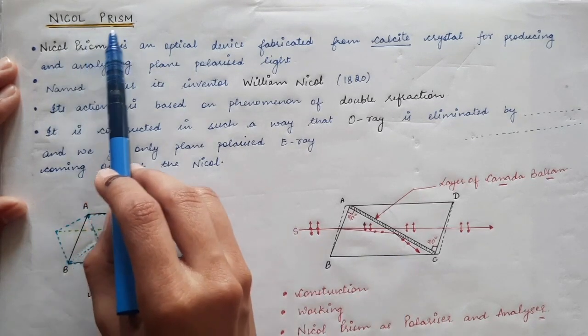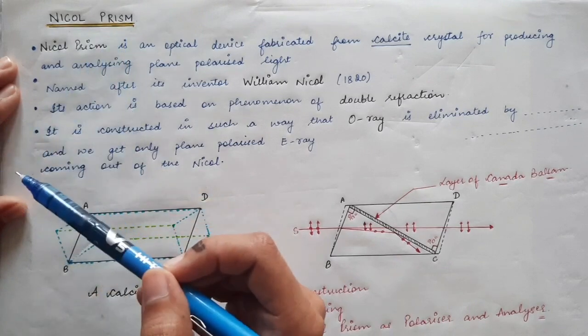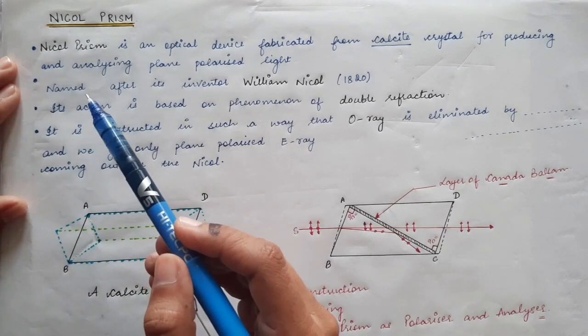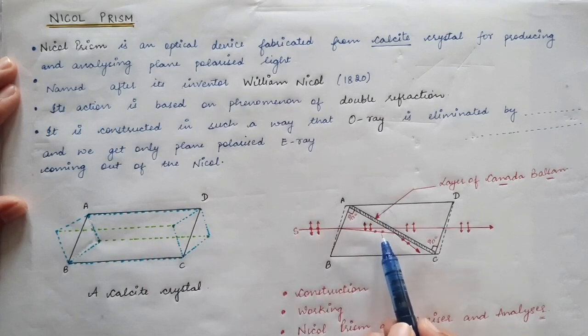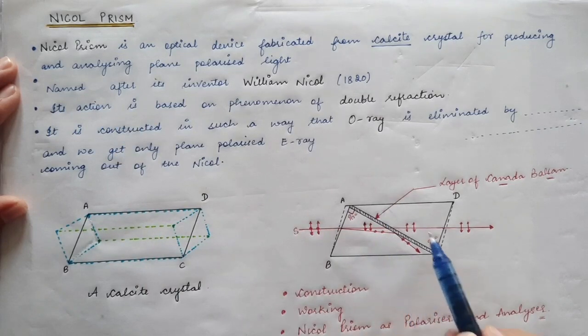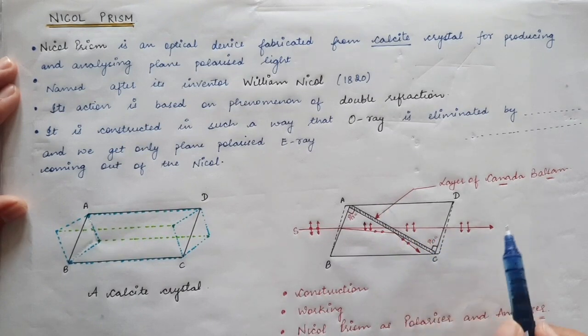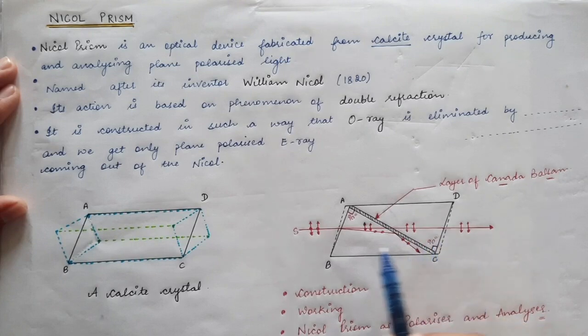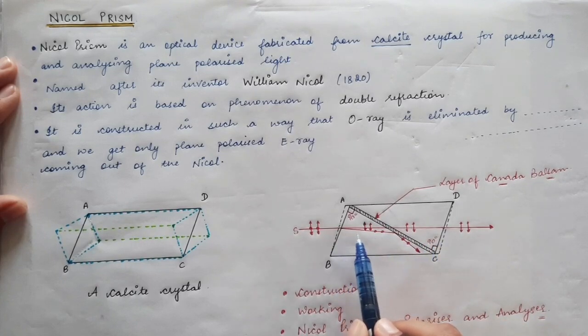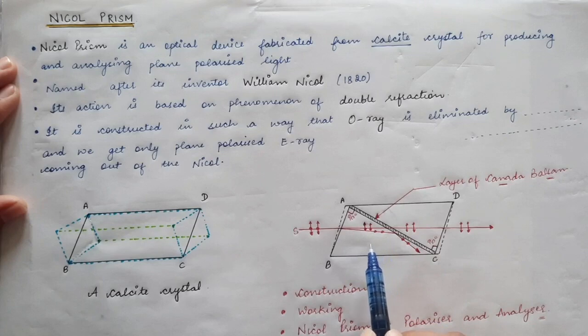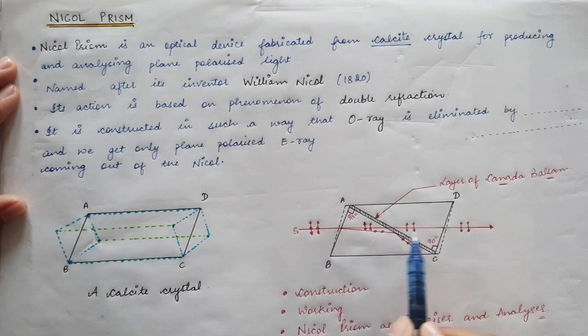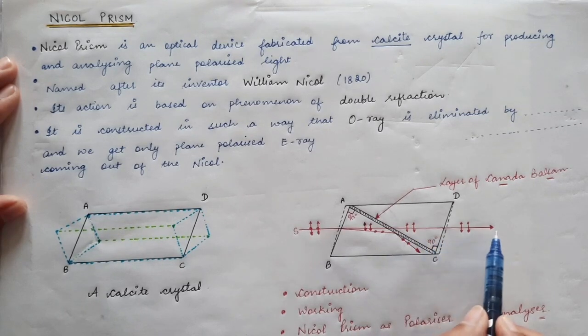Now in the Nicol prism, we use a technique such that one of the two refracted rays is absorbed and only one ray is made to transmit through the Nicol prism. So of the two rays formed in the calcite crystal due to double refraction, one ray is absorbed and the other is made to pass through the crystal as it is.